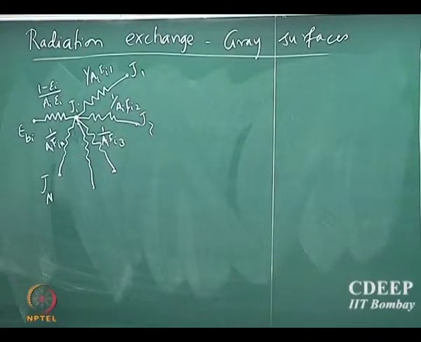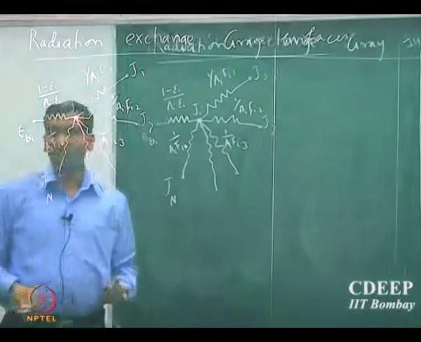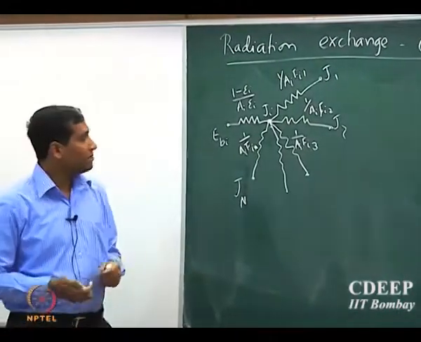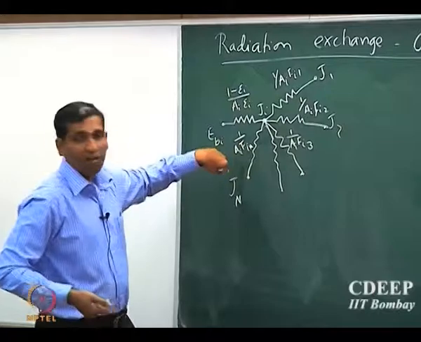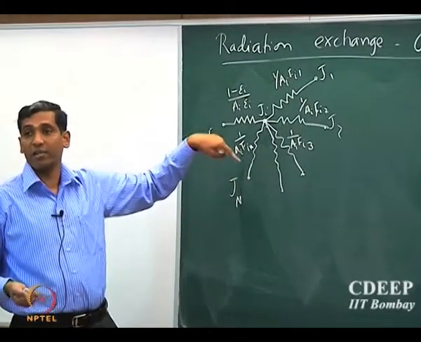One could similarly write the radiation exchange network for all the other surfaces going from 1 to n. So, in principle, from every node you will have n resistances coming out.